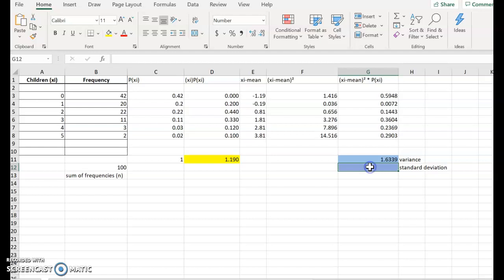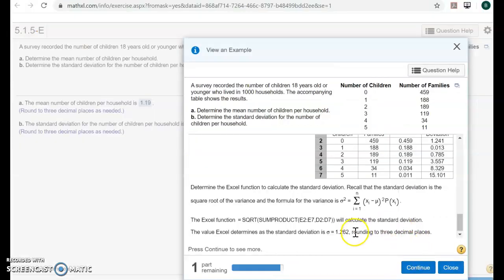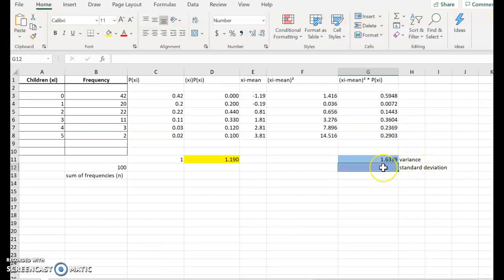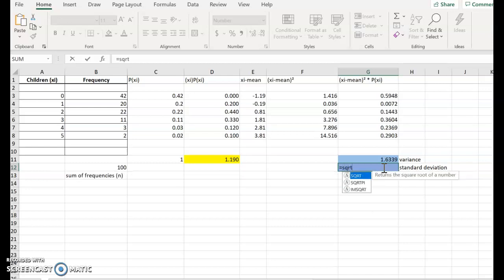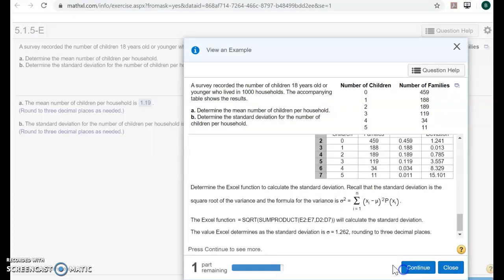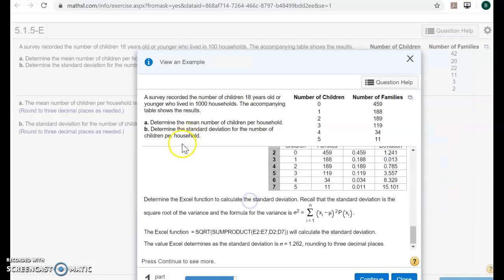We have one more step. Let's make sure we're rounding to what they want us to: round to 3 decimal places. So we're going to do, and you can do this in your calculator too, equals SQRT, square root, parentheses, select this value, and you get 1.278, which is what we got.